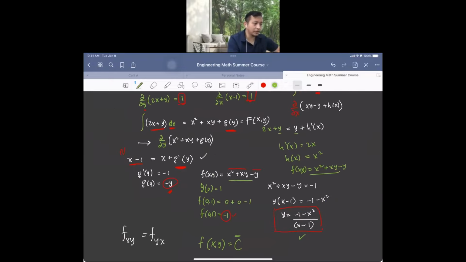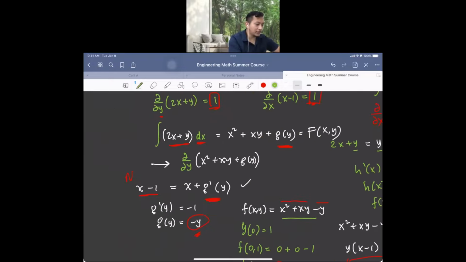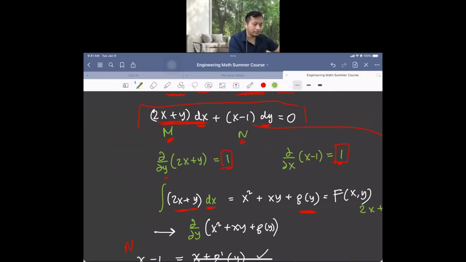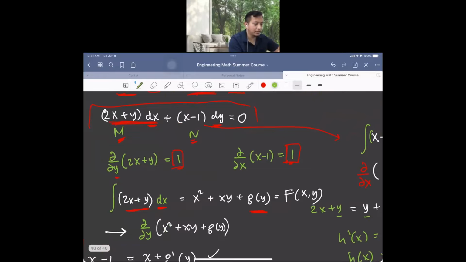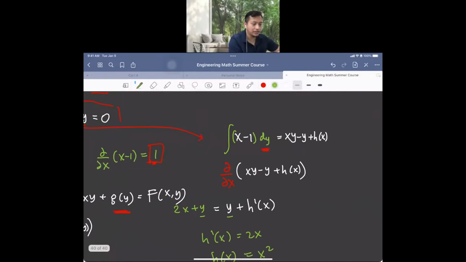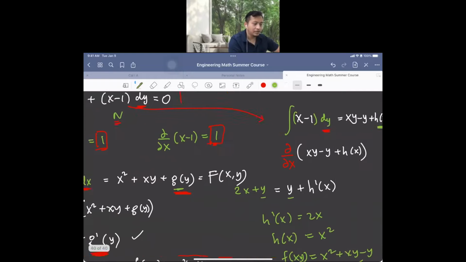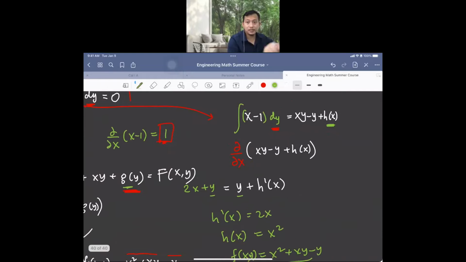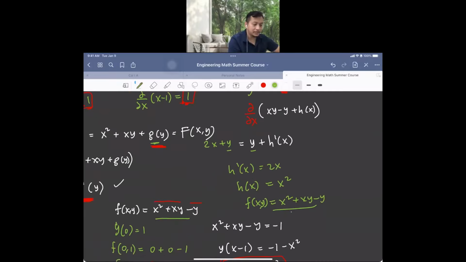Another thing. Notice that I started this with M, but you can also do the same thing with N. You can start with N, and you take the integration with respect to y, and you have another, now it's h(x) instead of a function of y here. And then do the same thing, but with different variables when you partially differentiate. And the result is actually the same.